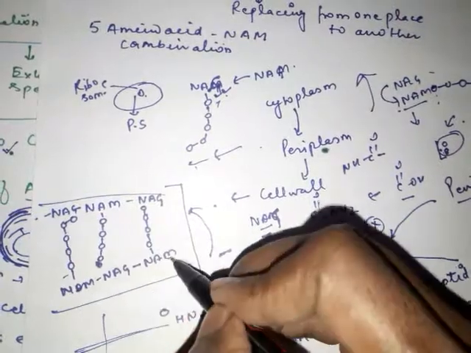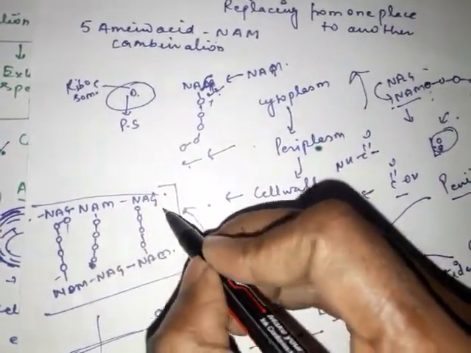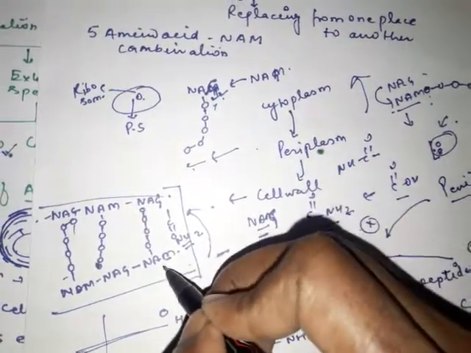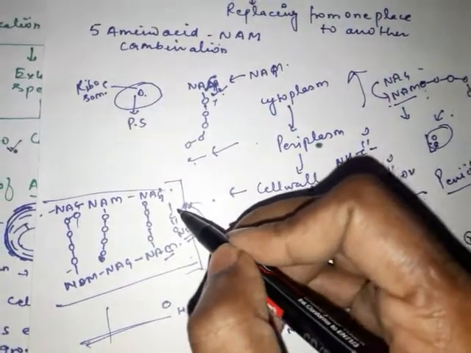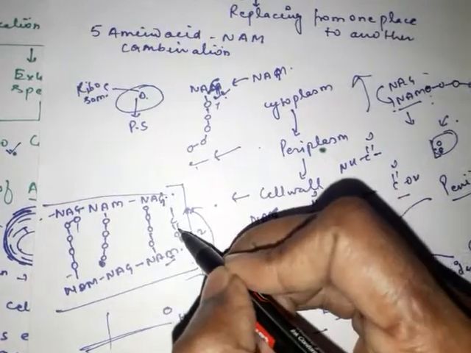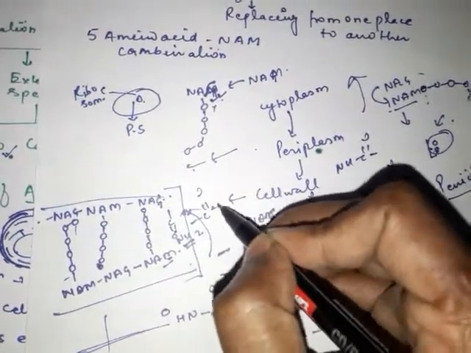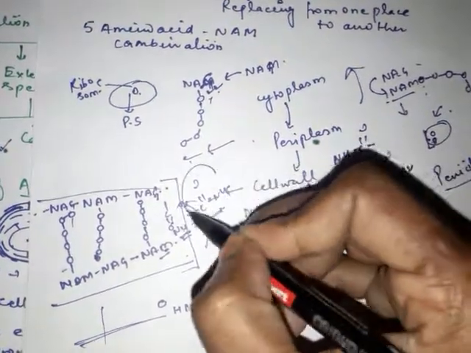In this NAG and NAM, for forming the CONH, NH2 is present in the NAG while COOH is present in the NAM. So if you see here, there will be formation of CONH. This is very important for protein because this is the peptide bond.